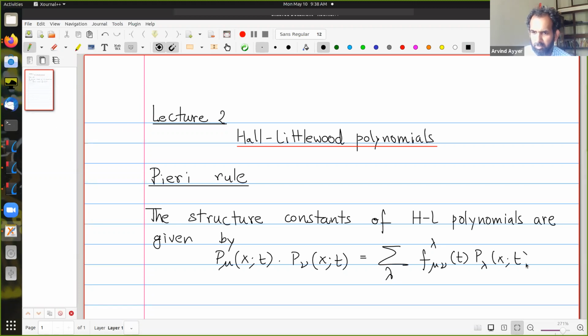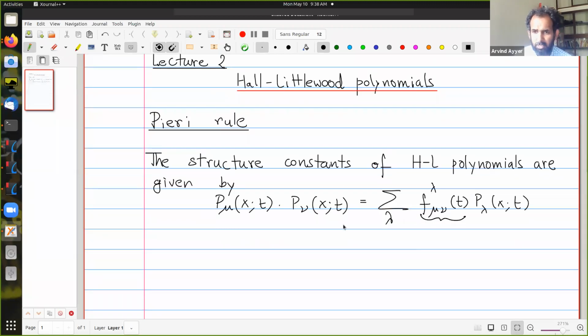So these are the structure constants. And these belong to Z[t].